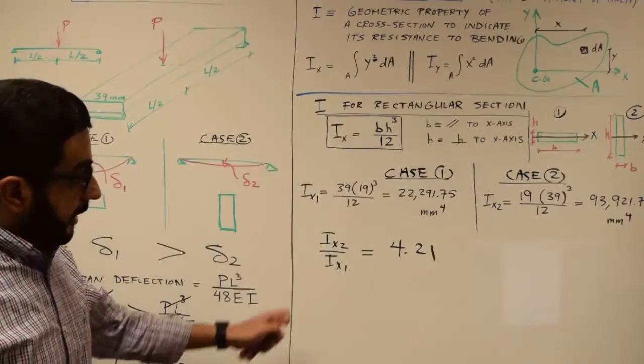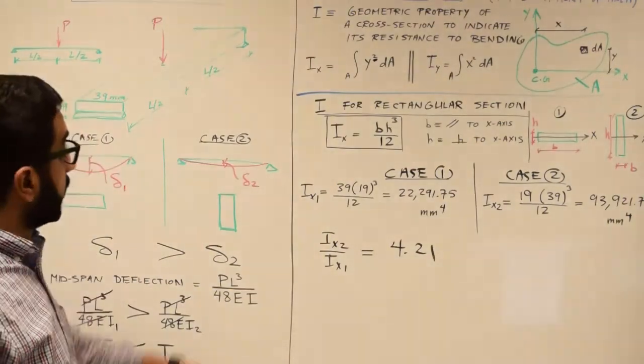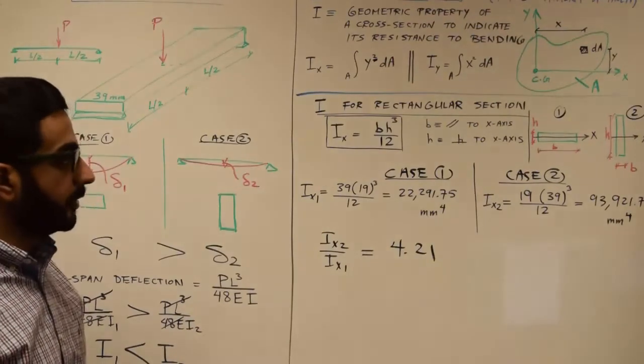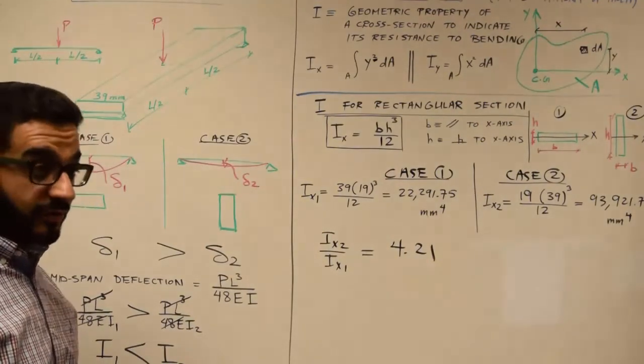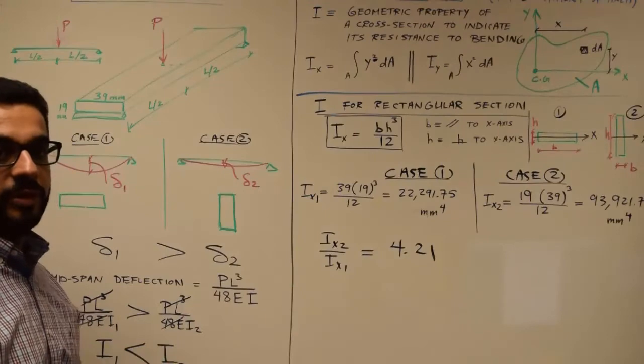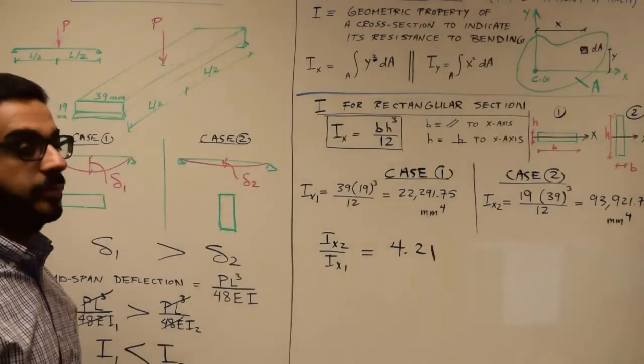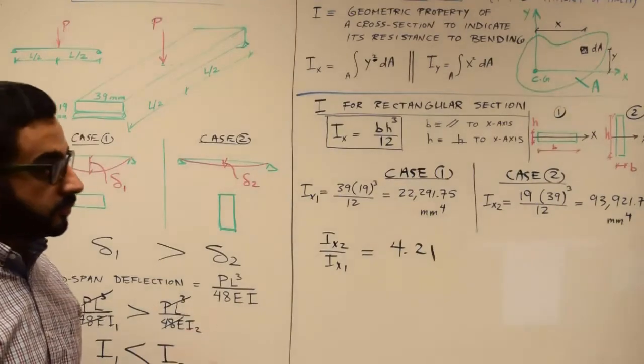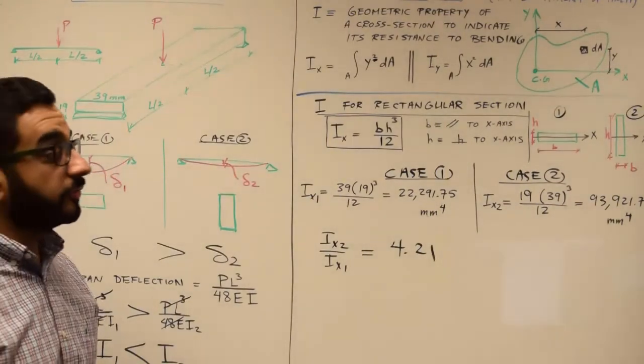So that's a quick exercise on an intro into the moment of inertia, why it's so important to learn about the moment of inertia. It's translating directly into the stiffness of the beam and resisting transverse load and the bending moment resulting from it.